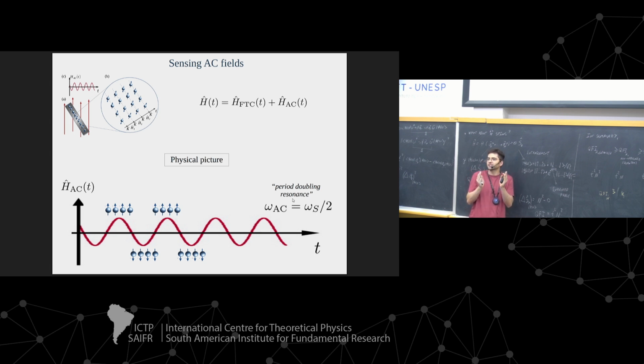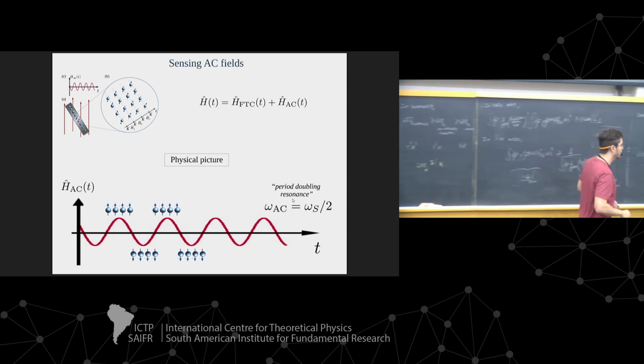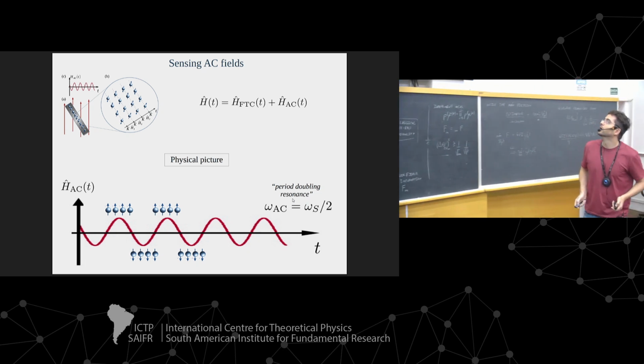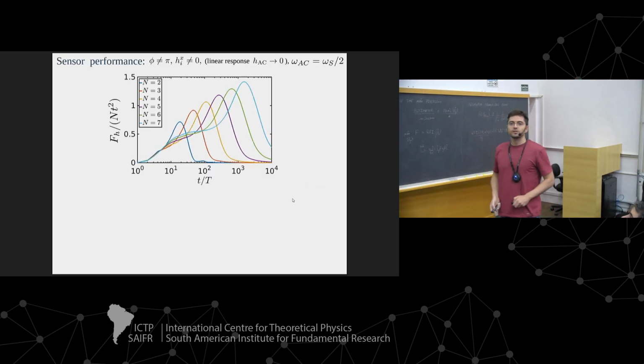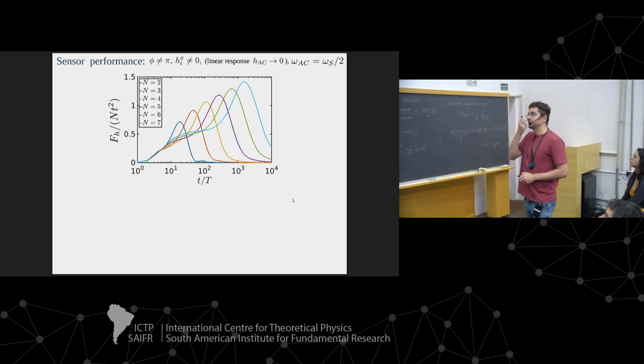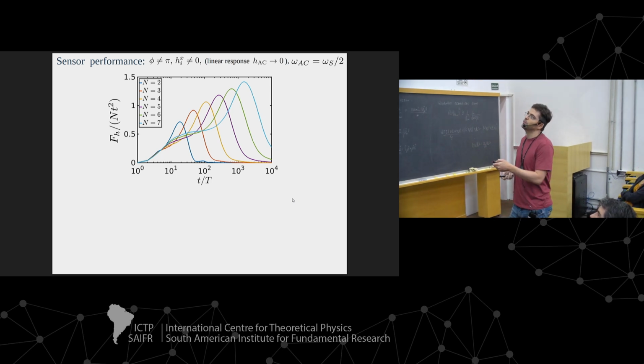They do not cancel each other because I'm also flipping the internal spins in the time crystal internal dynamics. Okay, so this is really important for the performance of these sensors. So how do we quantify or compare the precision of the sensors? We compute the Fisher information for the time crystal.